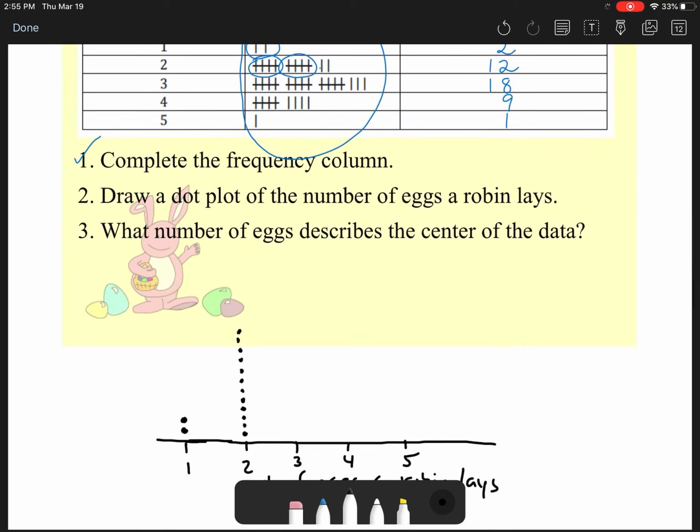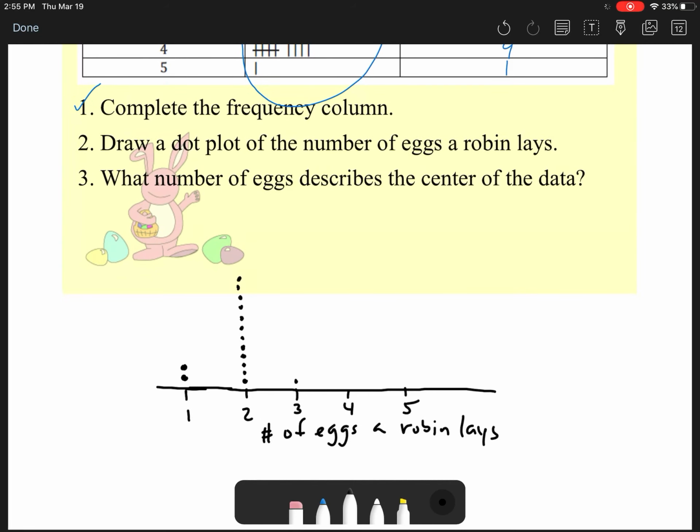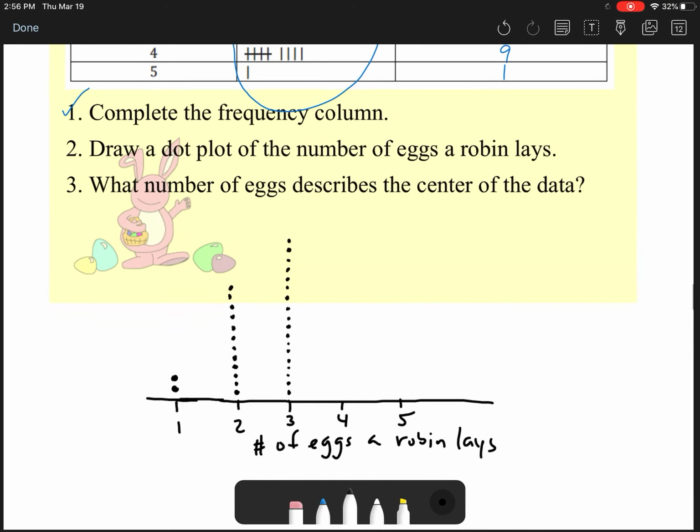We have 18 robins that can lay 3 eggs. 1, 2, 3, up to 18.